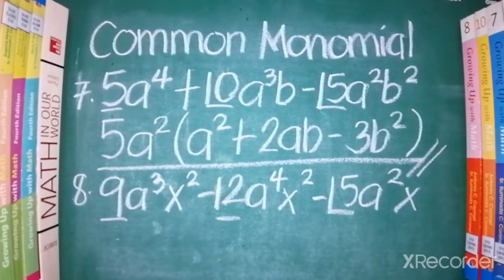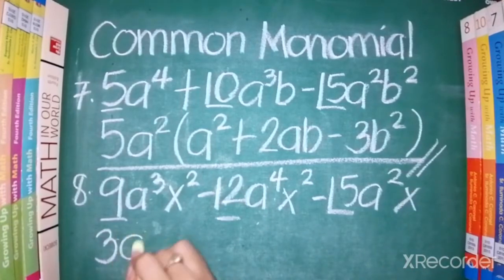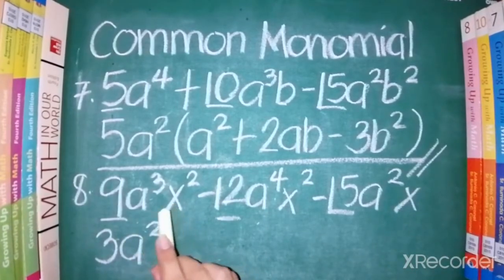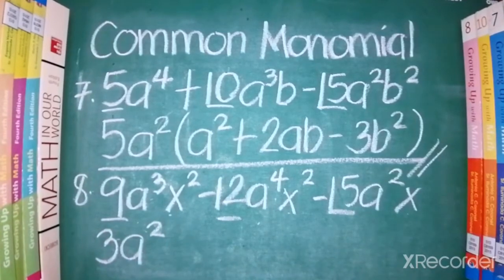What is their common? Very good. We have 3. And then for our a, we have a cubed, a to the power of 4, and a squared. So we're going to use the smallest. So we have there a squared. And then in our x, the same thing, we're going to use the smallest. So the smallest here is x only. So our common is 3a squared x.